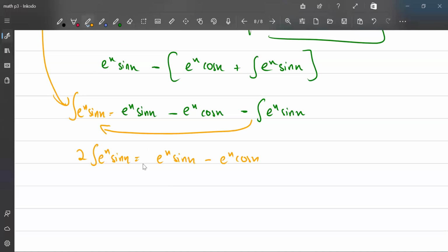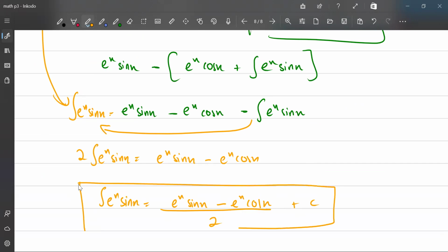So the integral of e^x sin x would be e^x sin x minus e^x cos x upon 2, plus c, of course. This would be the answer. I know it doesn't make much sense as of now, but as you practice and practice, of course it will make sense.